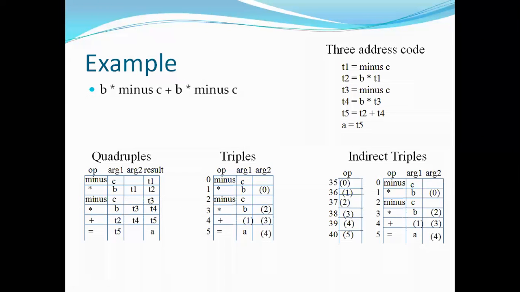But I am saying that the quadruple and the indirect triples are similar as far as their utility is concerned. And by using the separate table, does it come under a merit or a demerit? I have a question like that.